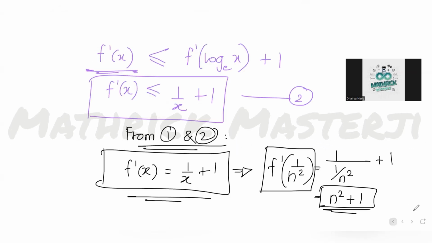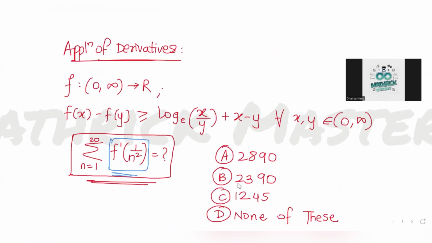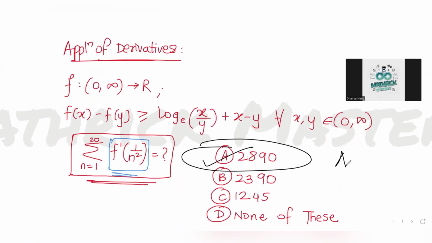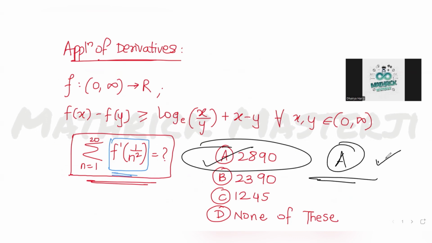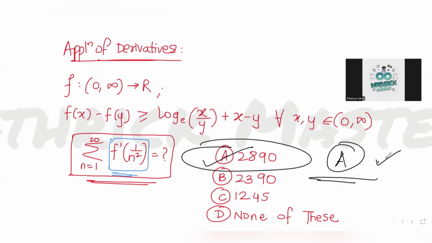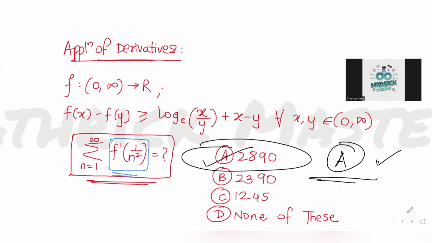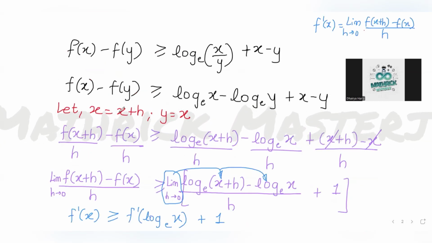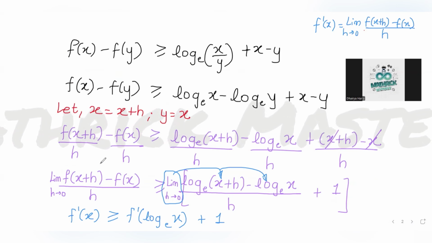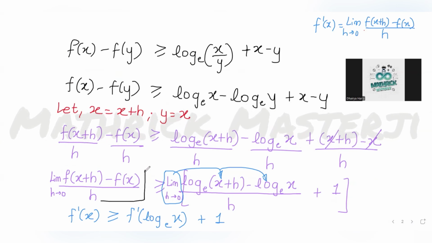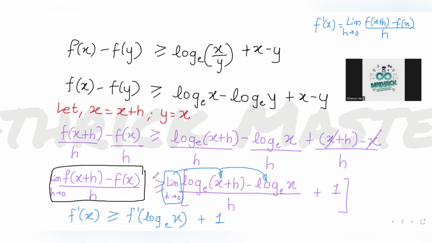And if I see the answer choices, the one that matches is option A. So A becomes the correct answer choice for this question. I hope you have understood how to solve this type of question. First, we tried to convert it in terms of the definition of derivative using the first principle concept, for both the inequalities.